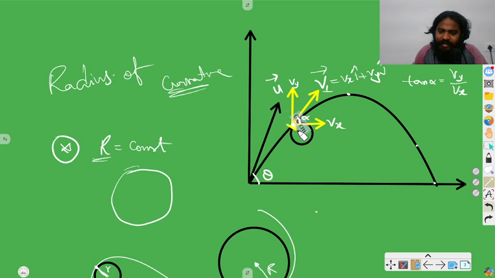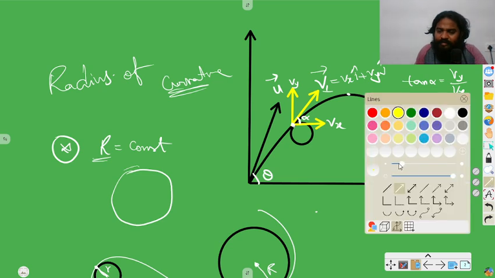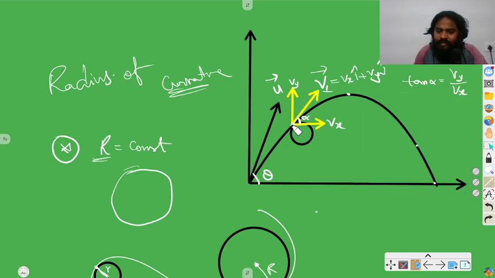And the acceleration due to gravity is always towards the ground; this is g. If this angle is alpha, then this angle will also be alpha, because these two are perpendicular and these two are perpendicular.